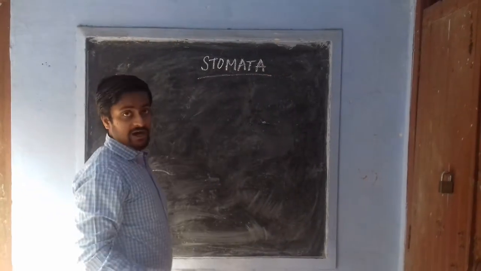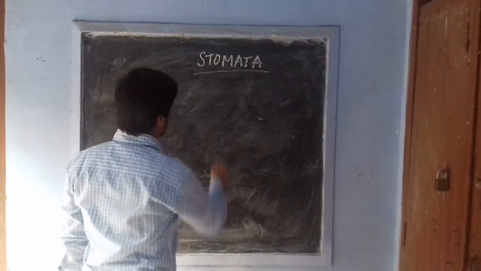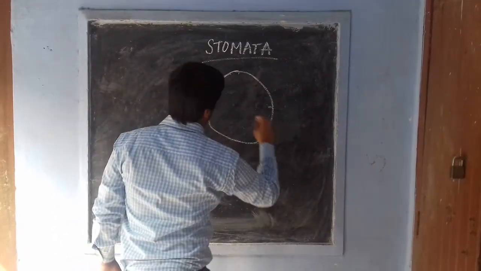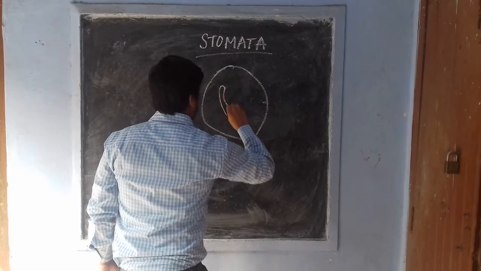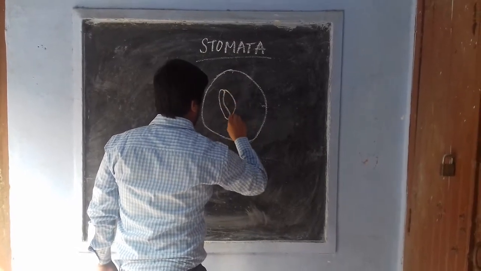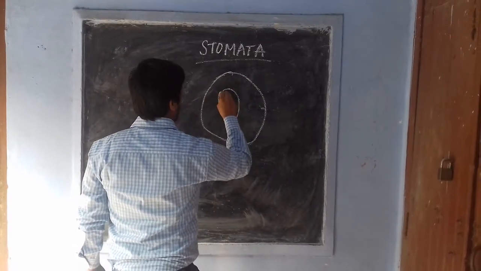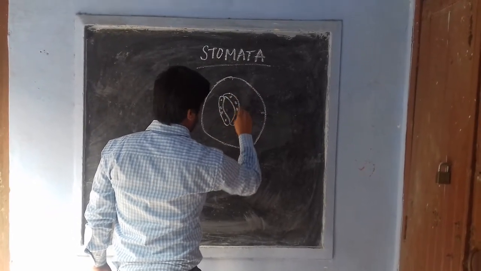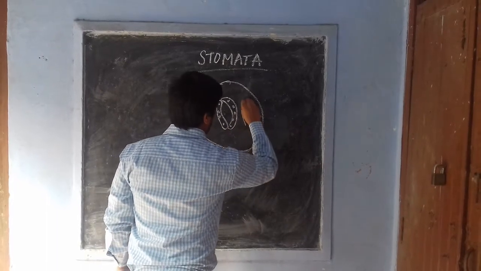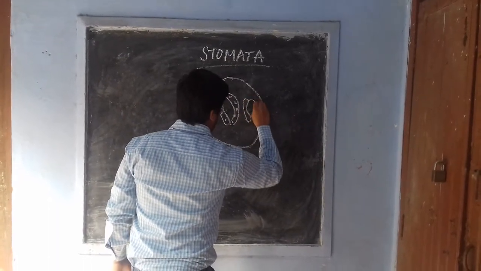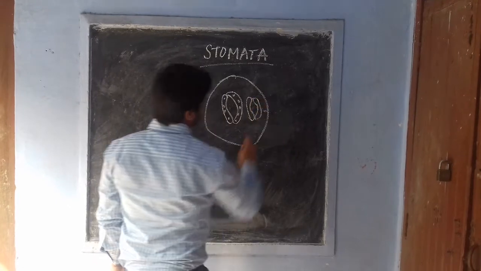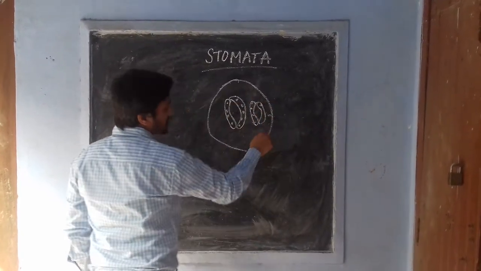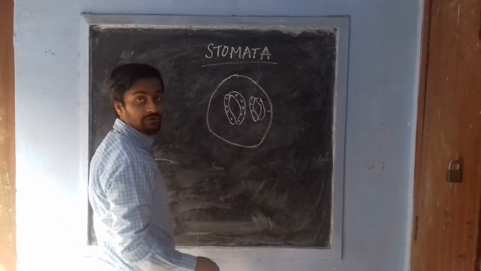The stomata are small openings on the surface of the leaf. This is the structure of a stomata, and this can be considered as the surface area of the leaf.